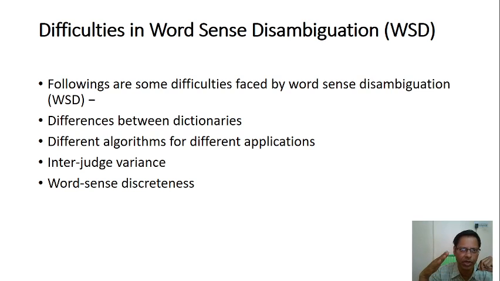As I told you, based on the dictionary, some information may change, or based on the algorithm and the specific query, the information retrieved may change. Inter-judge variance is based on the domain, where the information will be retrieved according to the domain. Word sense discreteness is also a difficulty of word sense disambiguation.